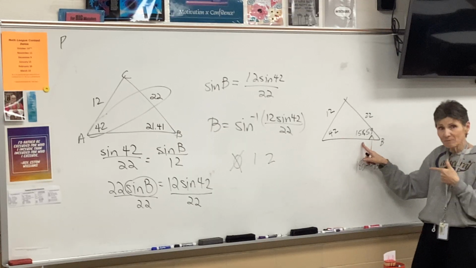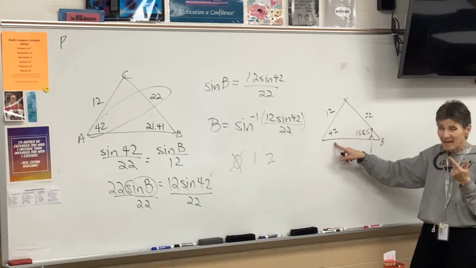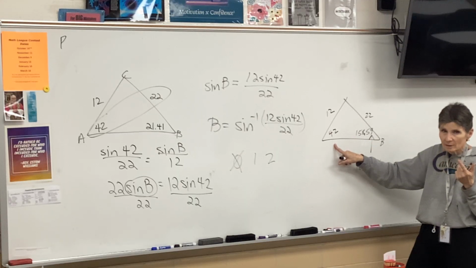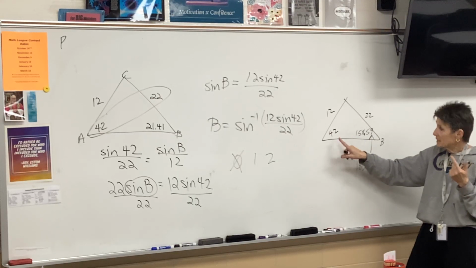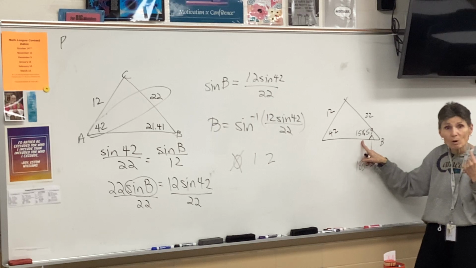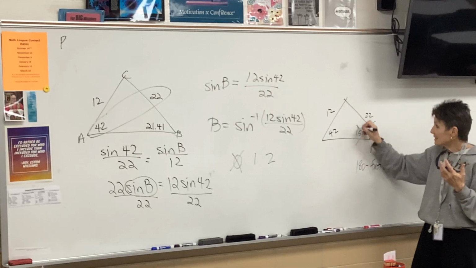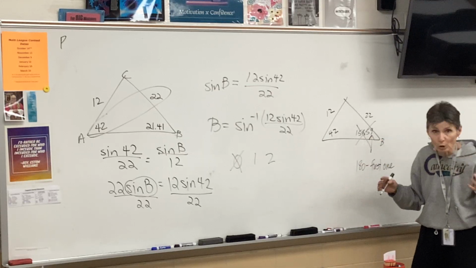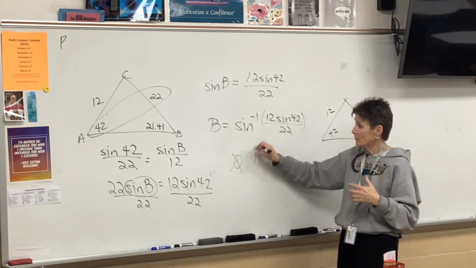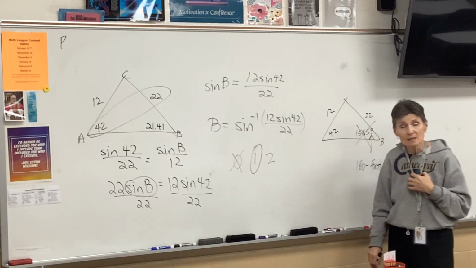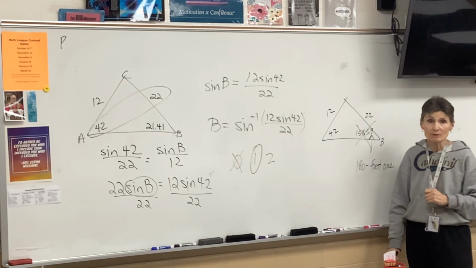Can that be a 158 if that's already a 42? No, because this adds up to more than 180. Can't do it. So that angle won't work. So therefore, there is only one possible triangle.